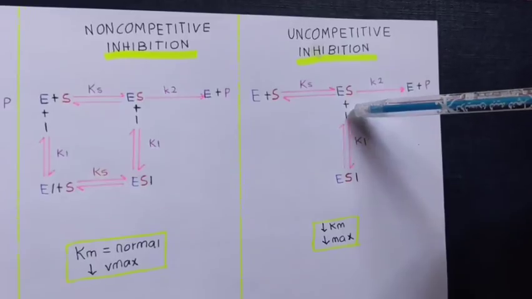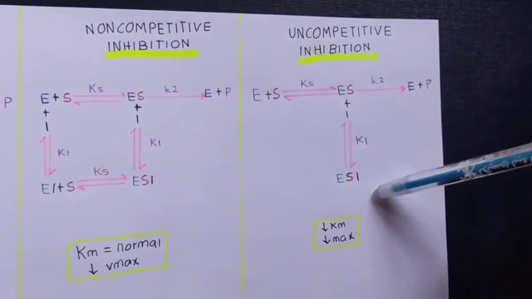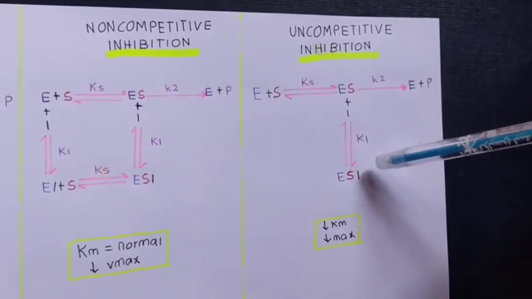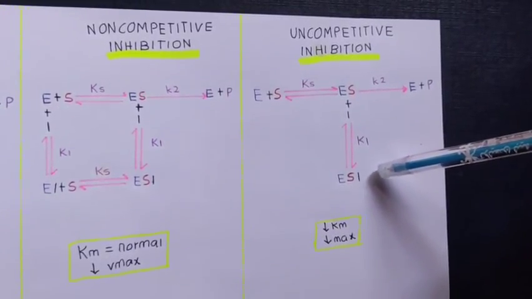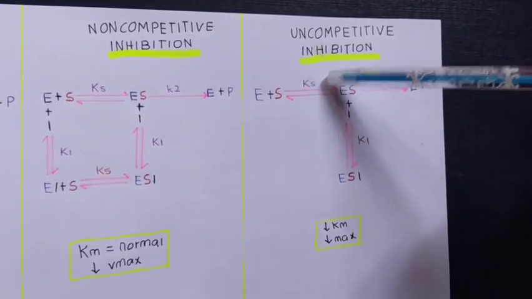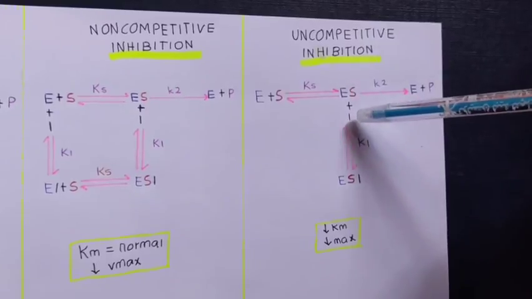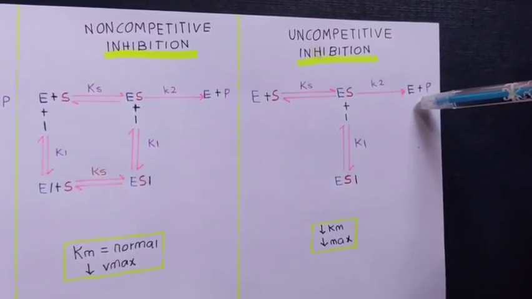This inhibitor binds to the enzyme at the allosteric site. When this complex is formed, no product can be formed. And not all of the enzyme-substrate complex binds with the inhibitor, so they can still make the product.